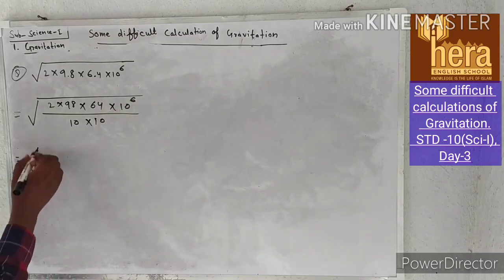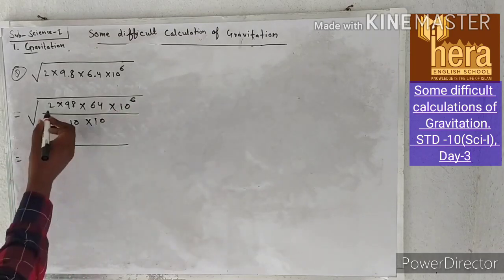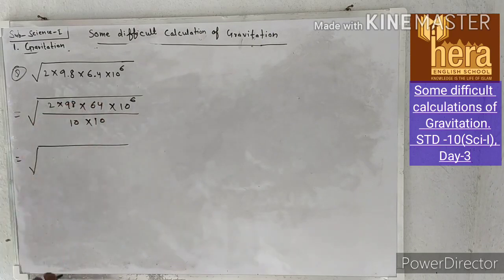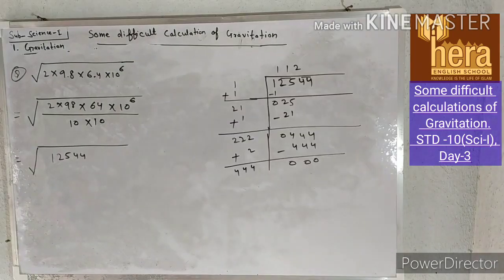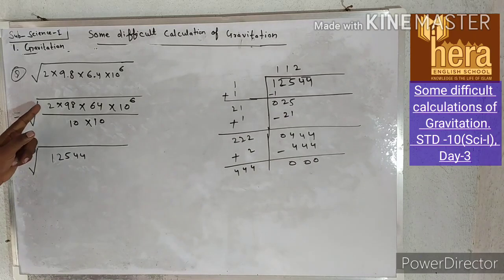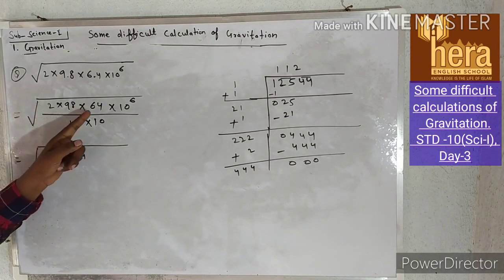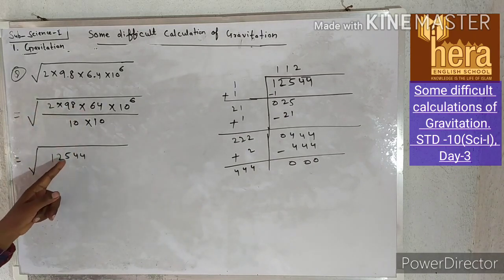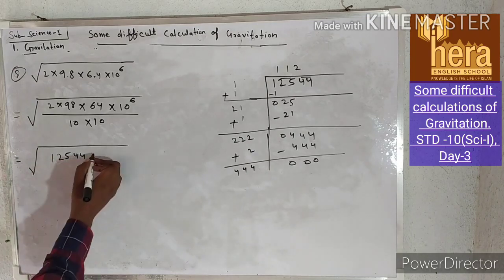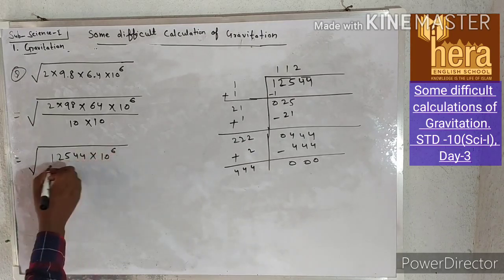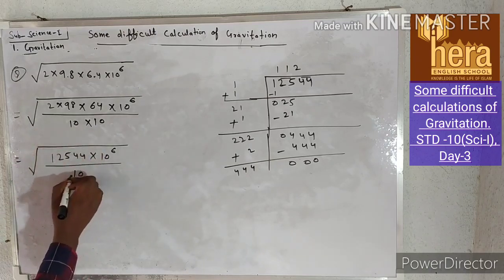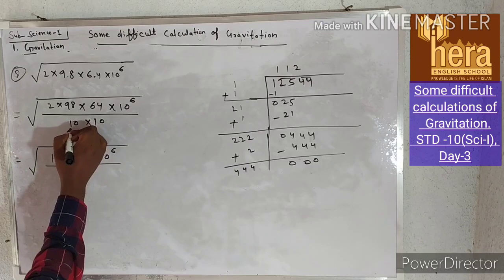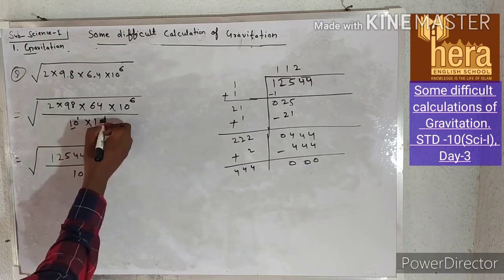This will be equal to, you have to multiply all the numbers. So if you multiply 2 into 98 into 64, you will get 12544 into 10 raised to 6 divided by, here we can write 10 raised to, here is base 10, here is 1, 1.